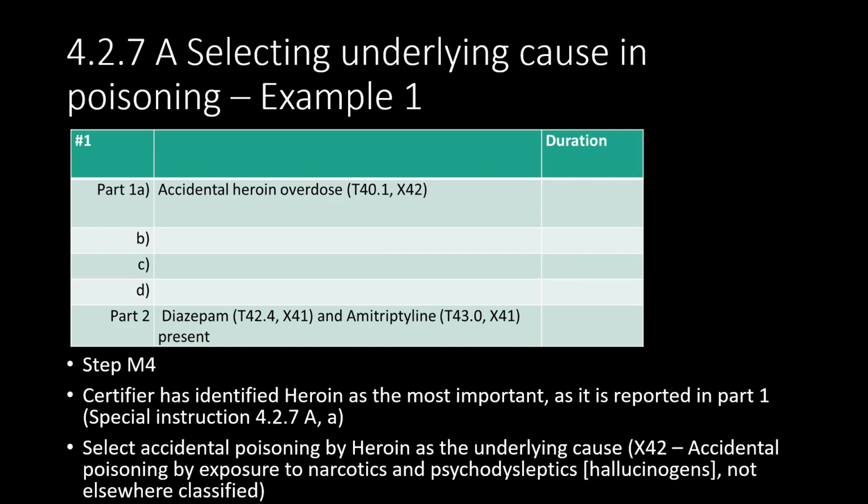Certifier has identified heroin as the most important drug as it is reported in part 1, according to the special instruction 4.2.7a. Select accidental poisoning by heroin as the underlying cause, X42, accidental poisoning by exposure to narcotics and psychodysleptics, hallucinogens, not elsewhere classified.